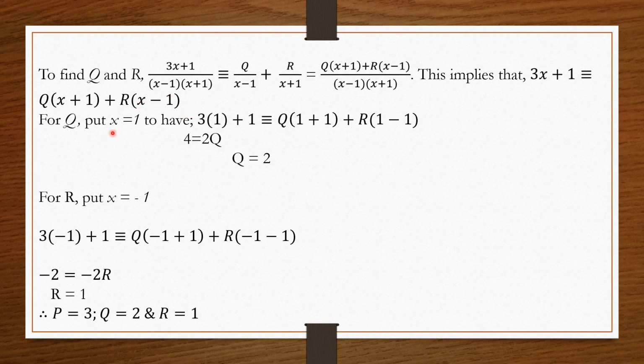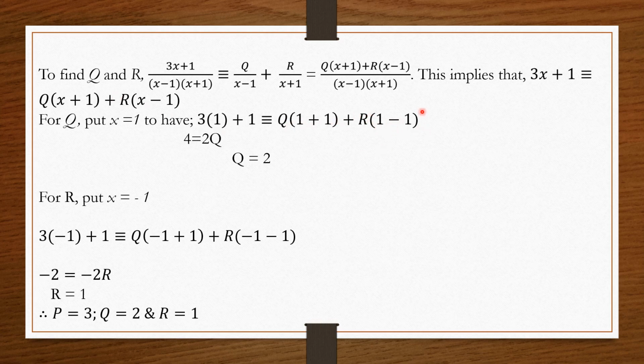So since my x now is 1, every x will now be substituted by 1. So I have the first one, 3x will now be 3 times 1 plus 1, equivalent to q times (1 plus 1), that is x plus 1 will now be 1 plus 1, plus r. For x now I have 1 minus 1.